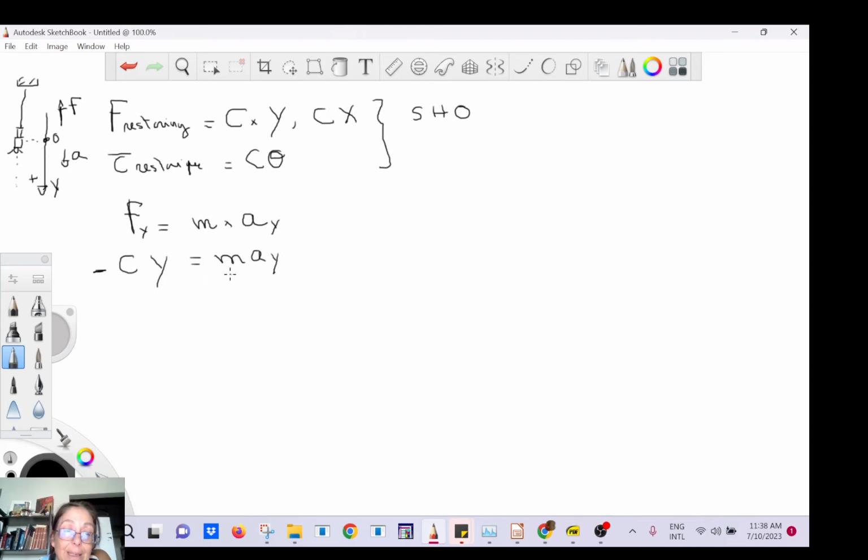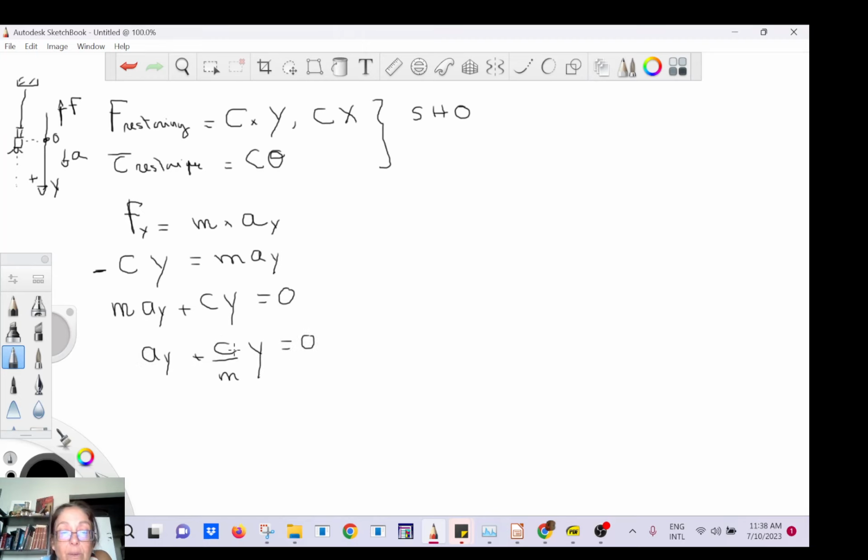So you always end up with an equation of this type here. You have the acceleration here, you have the displacement here, equals 0. So this is the equation of a simple harmonic motion. And then you can divide by mass everywhere, and you get this.